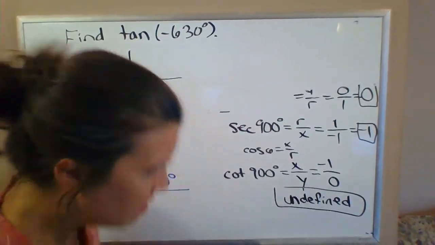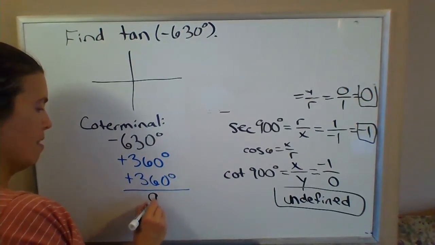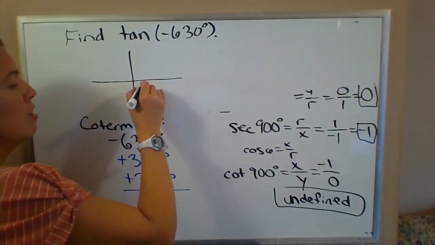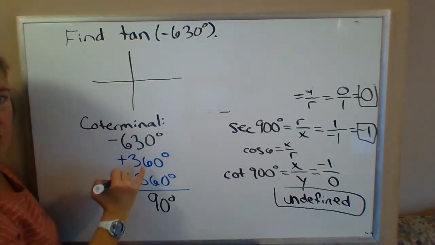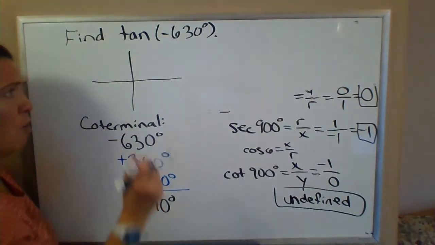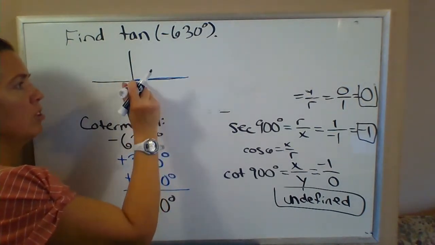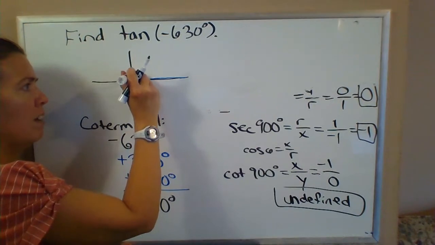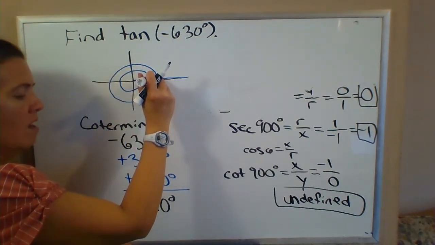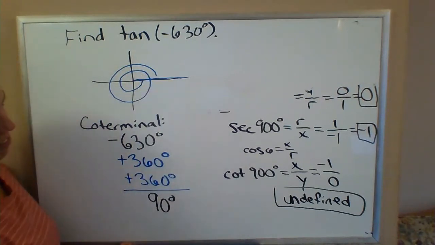What do we get? 90 degrees. So negative 630 degrees is equivalent to going 2 full rotations, and actually we would be going in the negative direction, which is clockwise. 1 time around, 2 times around. And then, well, that's where it gets a little tricky.